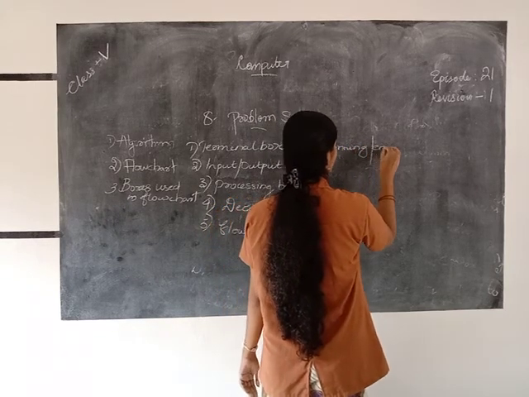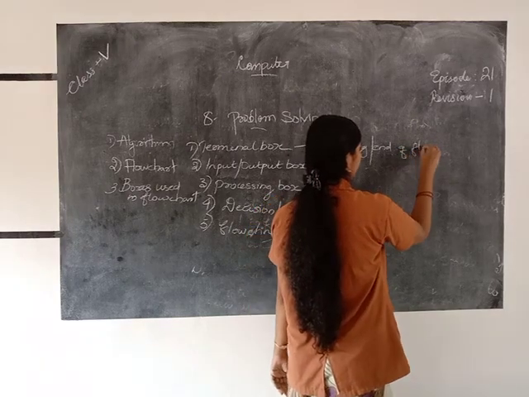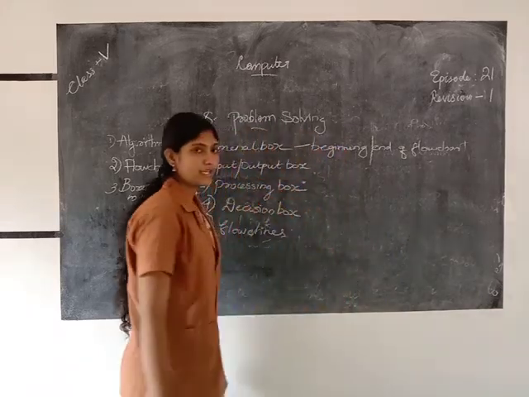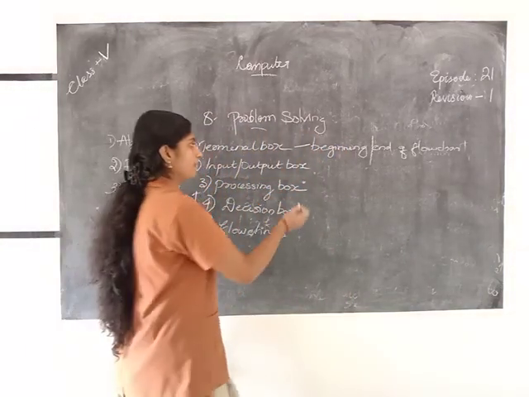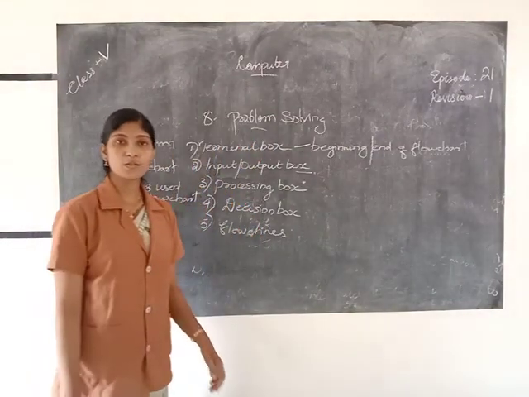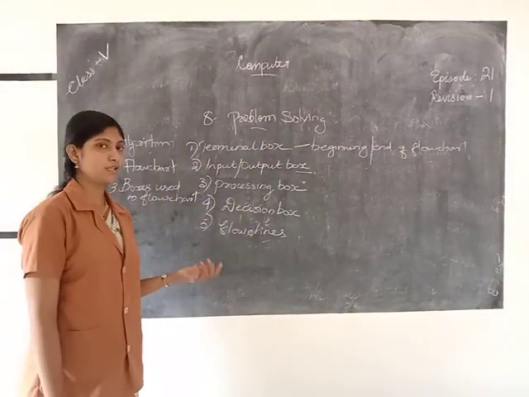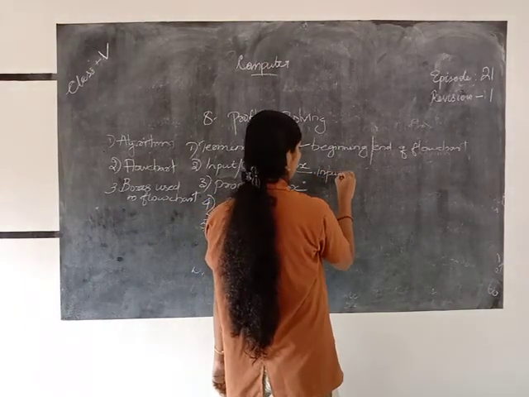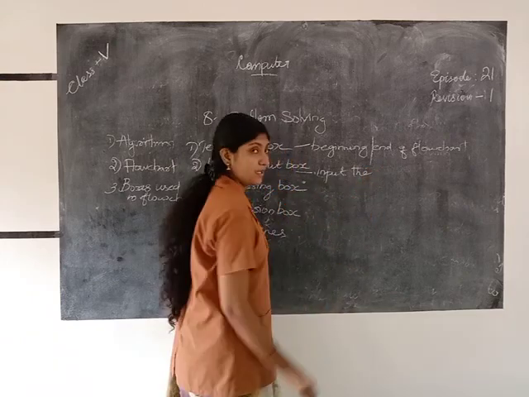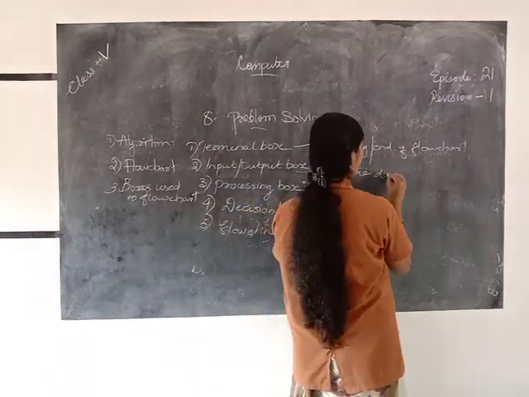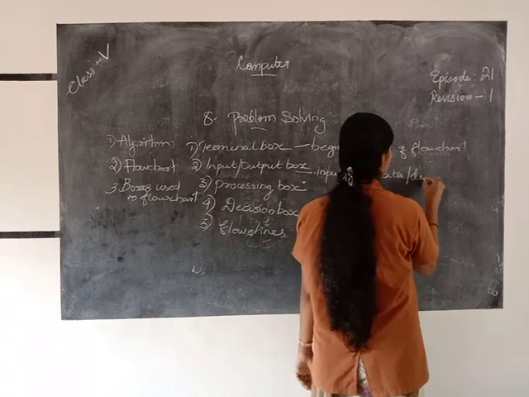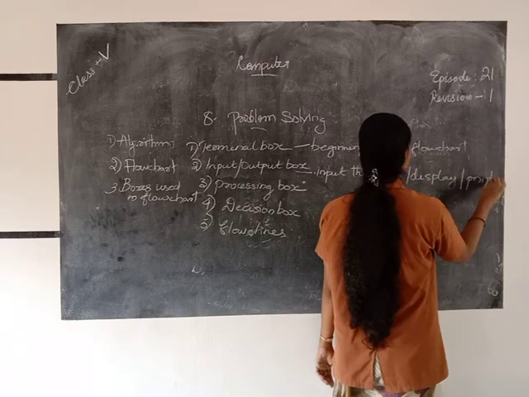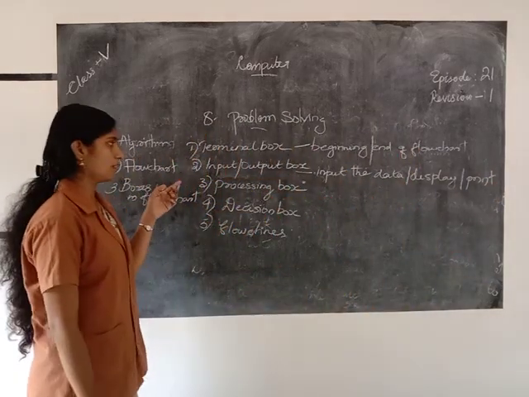Then the input output box is used for input or output purposes: to input or accept the data, or to print or display the data. For that purpose, we have the input box or output box.